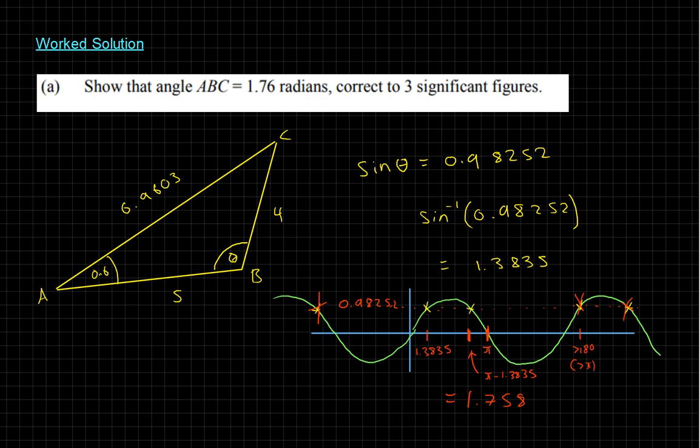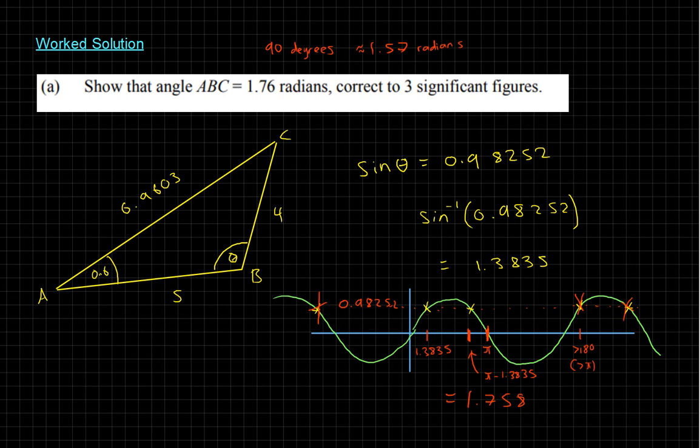So, let's make a note here. Approximately 1.57 radians is 90 degrees. So then which of these two makes sense, 1.38 or 1.7? Well, this angle is more than 90 degrees, so it's clearly the 1.758 number, not this one.